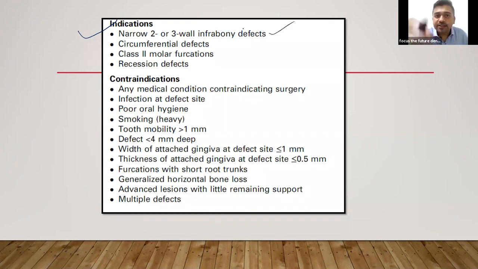It can be done in circumferential defects, class 2 molar furcations, and in certain recession defects. So these are the indications where you can use a GTR. You cannot go and use a GTR in every site expecting regeneration to occur. No, it will not.